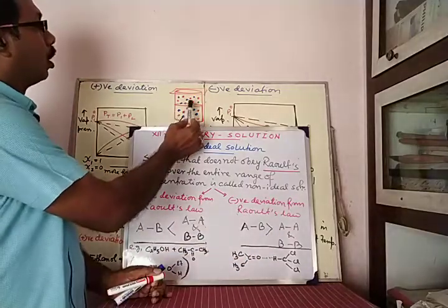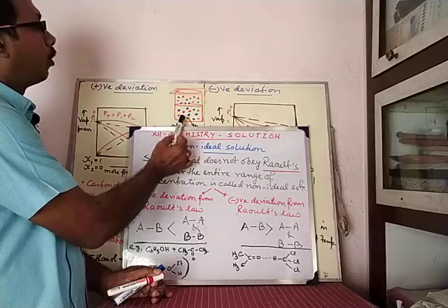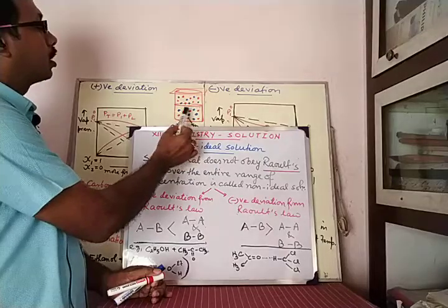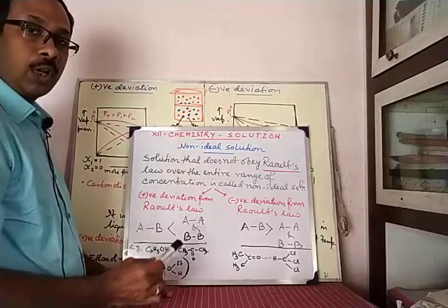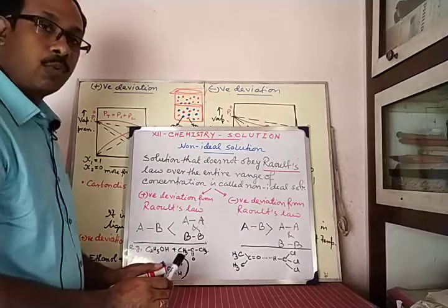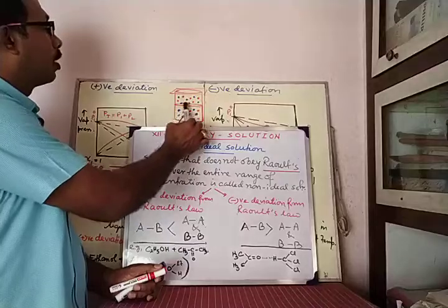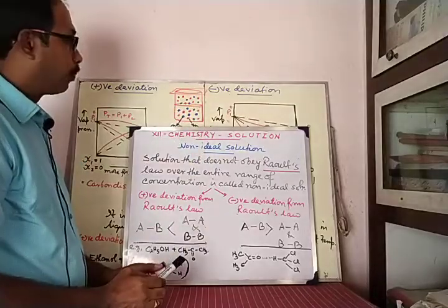Now suppose in a binary solution, two components are there. The vapors from both the components, say those are liquid components, are coming on the surface of the liquid mixture.